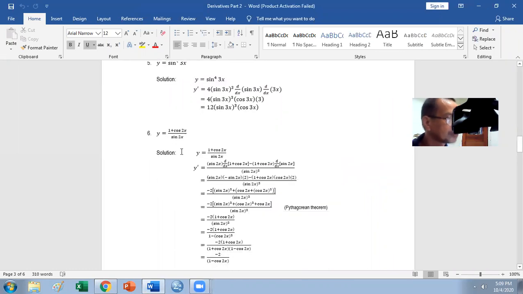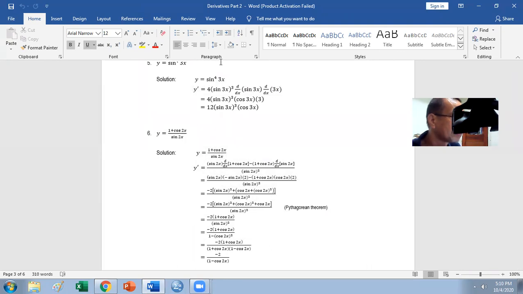Okay, here. Y is 1 over sine 2x plus cosine 2x over sine 2x. Ito, gumamit siya ng ano? So, gumamit siya ng quotient. So, pag gumamit ka ng quotient, ito, you can follow this. Or I can do it in this manner.